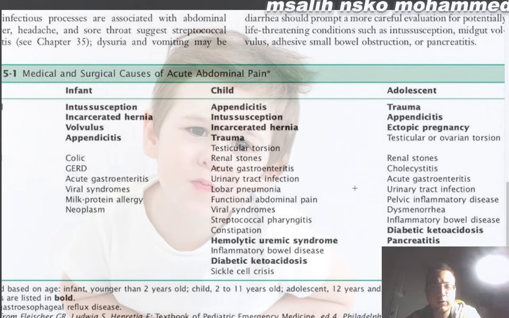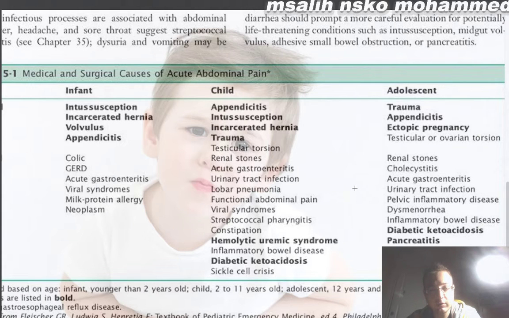Now about bowel infectious diseases, we have to search for the type of the bacteria and do stool investigations to be sure about the infectious disease.